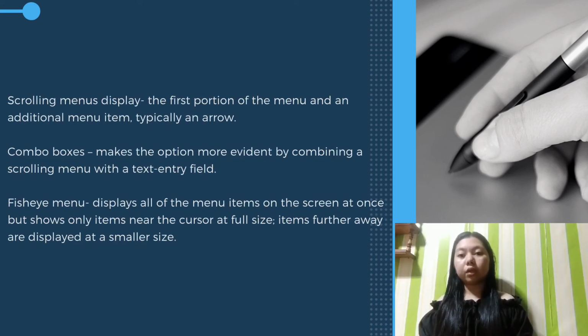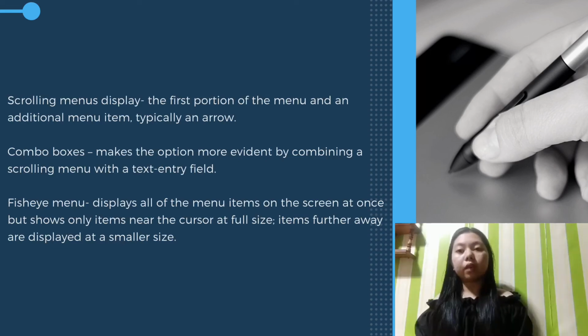Fisheye menus have been made popular by Apple's Mac OS X and are attractive for menus of 10 to 20 items where the zoom ratio remains small and all items are readable at all times.